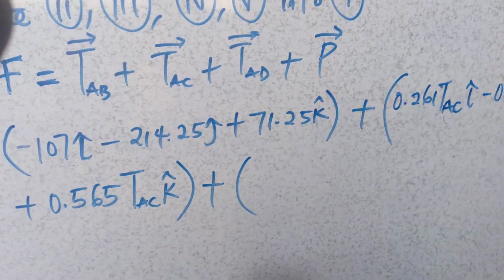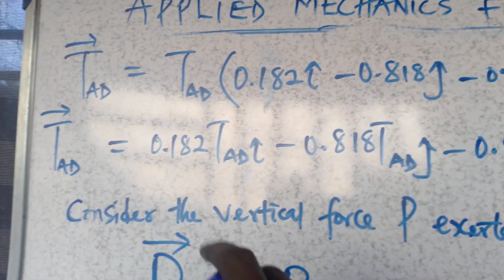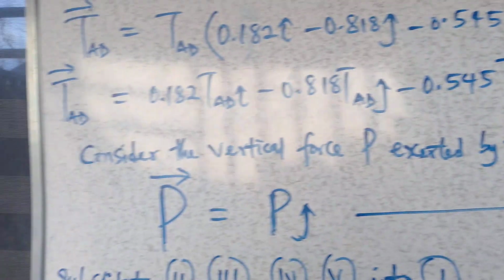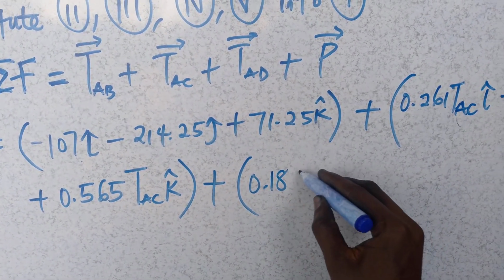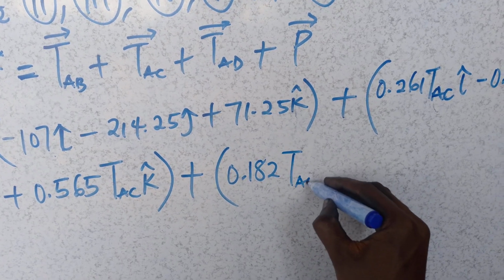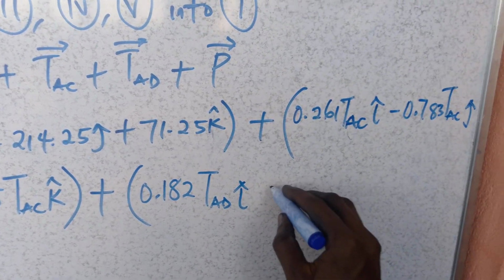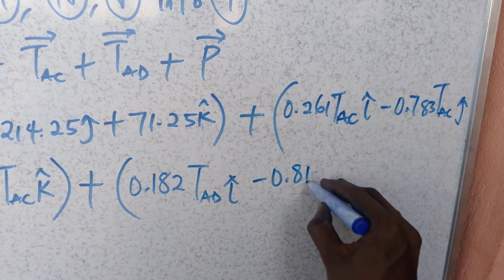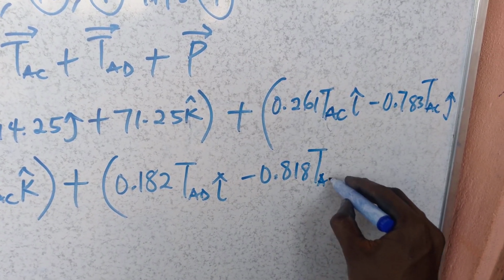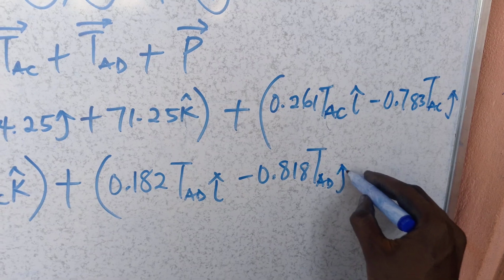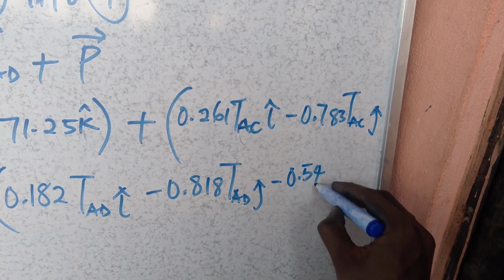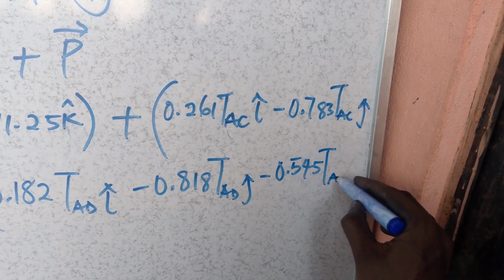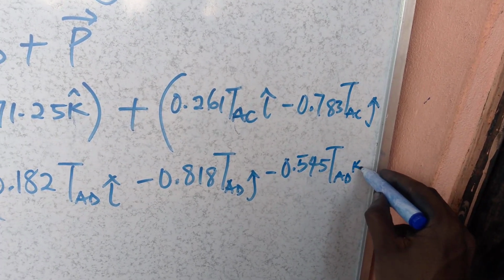And I put that of TAD, equation 4: 0.182 TAD i minus 0.818 TAD j minus 0.545 TAD k.